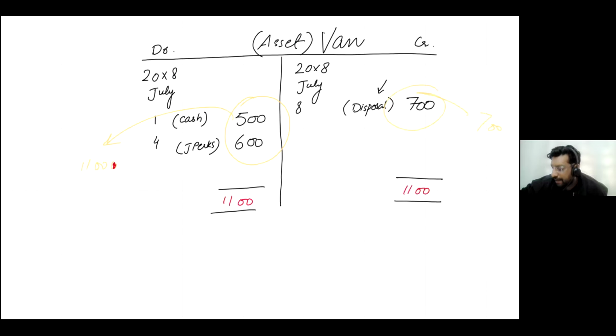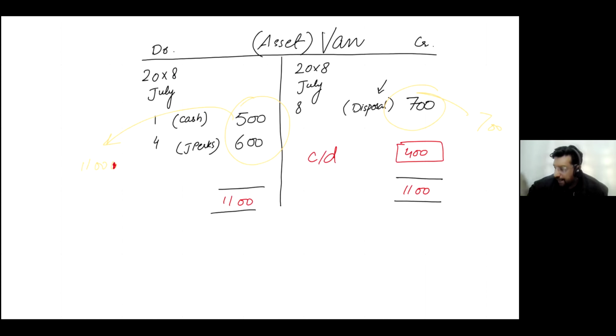And the difference we are going to write here. The difference is 400 and we call it carried down balance. The carried down balance is the balance we have for van at the end of the day.